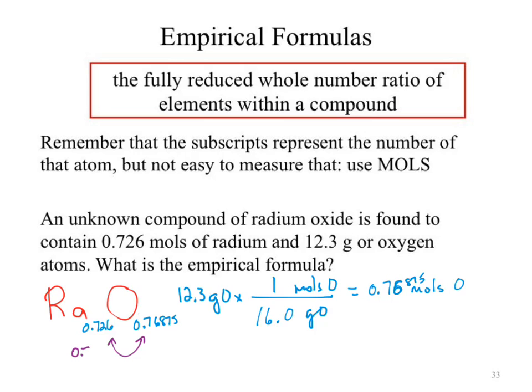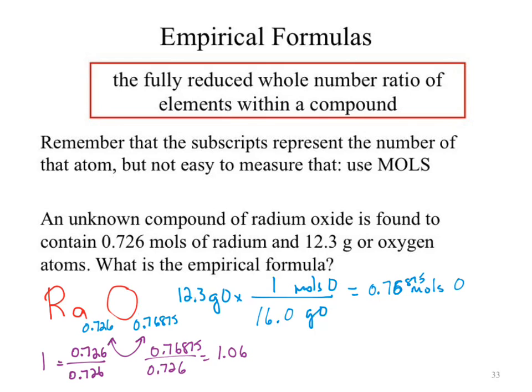So what are we going to do? Use it to divide. 0.726 divided by 0.726 will equal 1. 0.76875 divided by 0.726 equals almost 1 point something. Somebody can give me that number. Let's just say it's 1.0586.